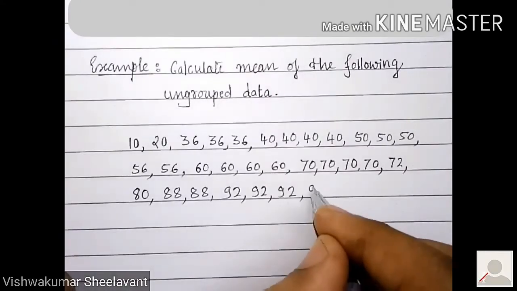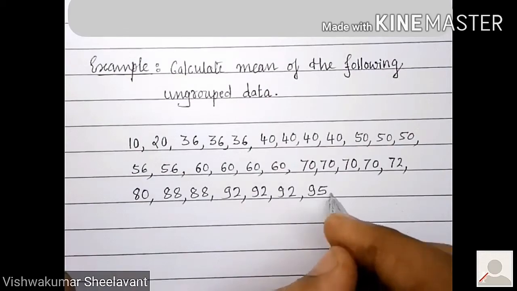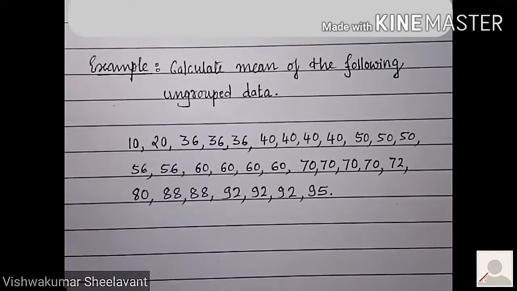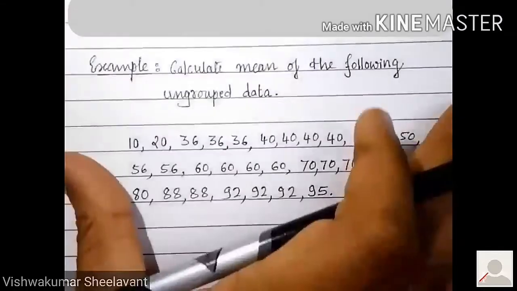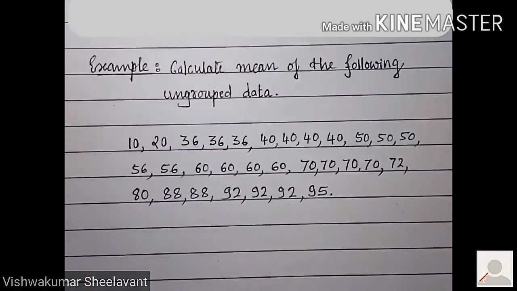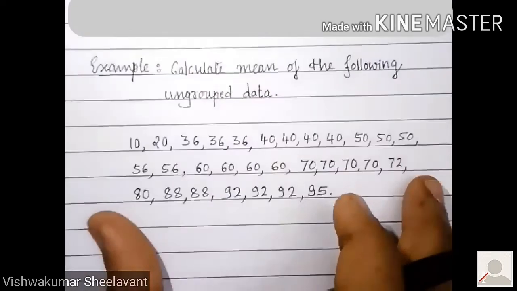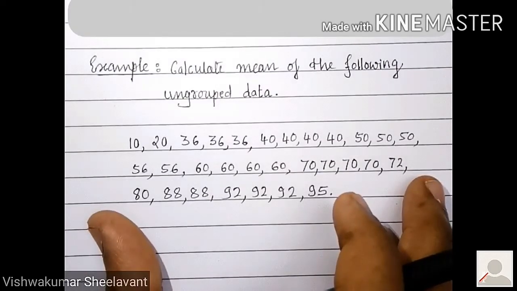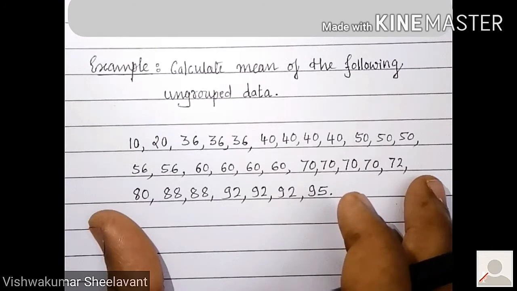Last student has scored 95 marks. So this is now data for us. What is this data representing? Marks of the 30 students in a class who have written mathematics test for 100 marks.